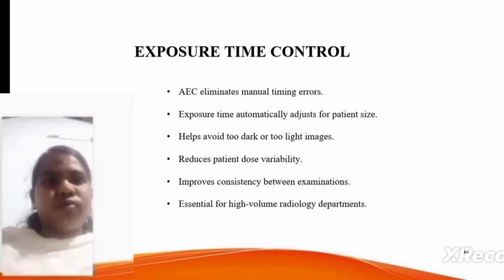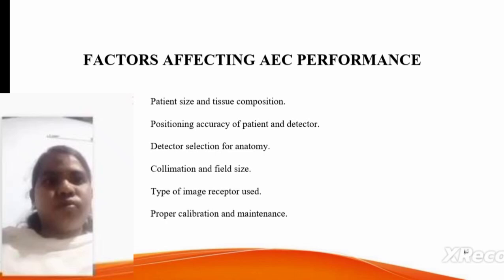It reduces patient dose variability and improves consistency between examinations, which is essential for high volume radiology departments. Factors affecting AEC performance: patient size and tissue composition, positioning accuracy, detector selection for anatomy, collimation of the field size, type of image receptor used, and proper calibration and maintenance.